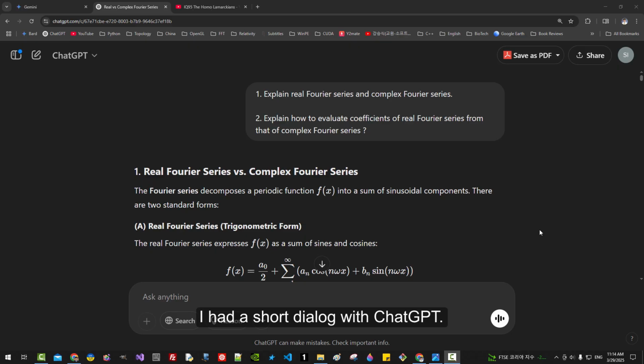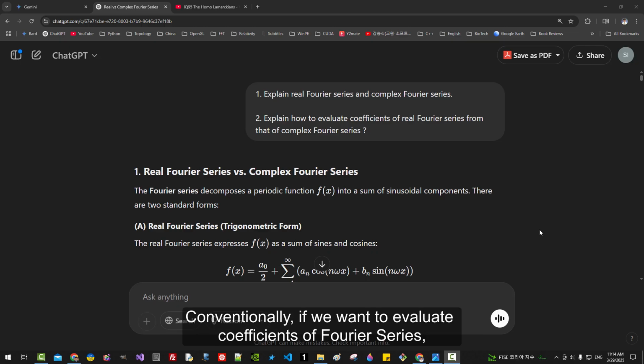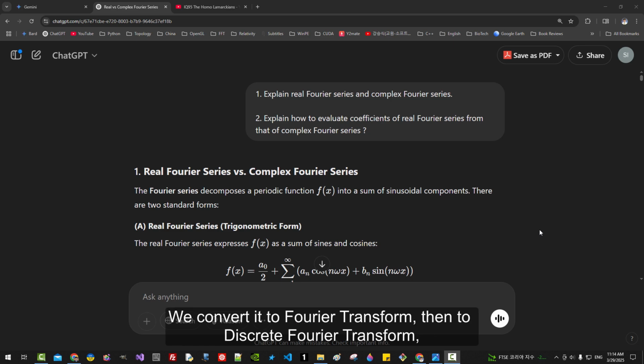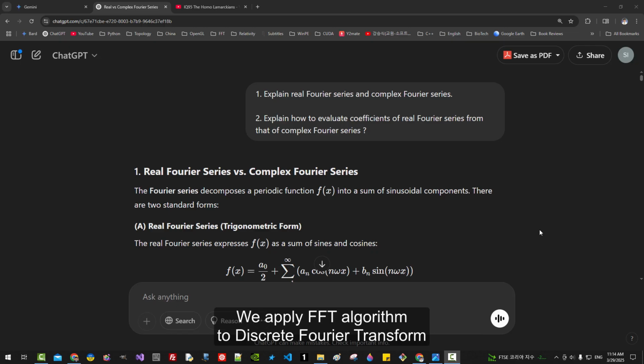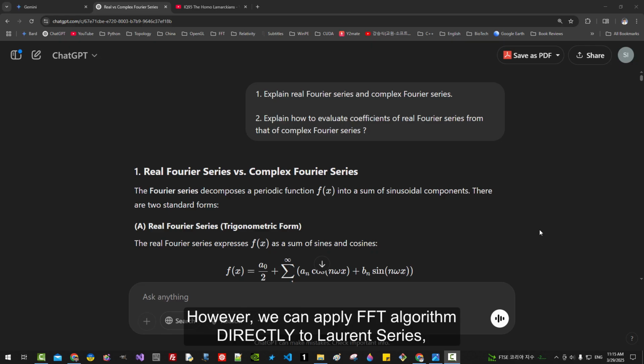I had a short dialogue with ChatGPT. I wanted to prove that Laurent series is equivalent to Fourier series. Conventionally, if we want to evaluate coefficients of Fourier series, we convert it to Fourier transform, then to discrete Fourier transform, and we apply the FFT algorithm to the discrete Fourier transform to evaluate coefficients of Fourier series.